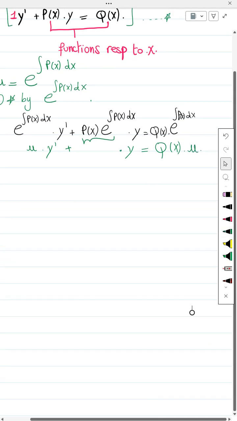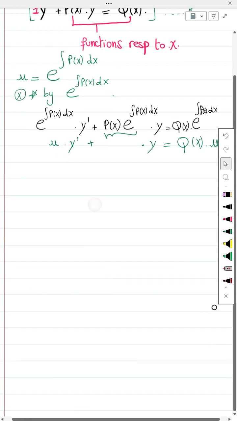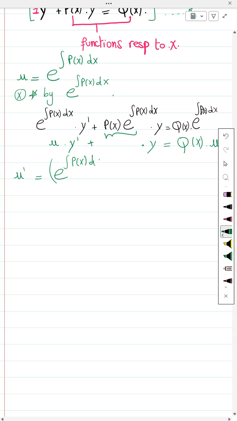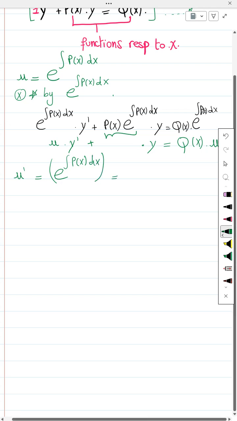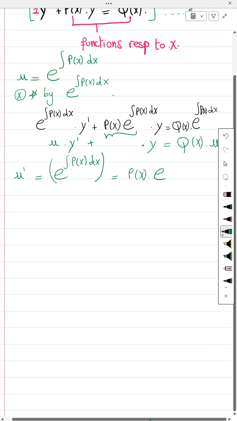And let's calculate u prime. u prime is going to be the derivative of the exponential of the integral of p(x) dx, which is p(x) times the exponential of the integral of p(x) dx.